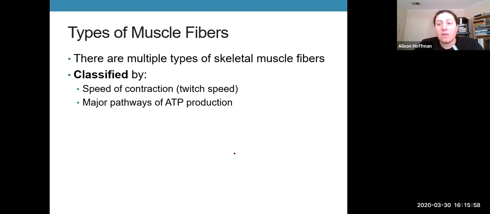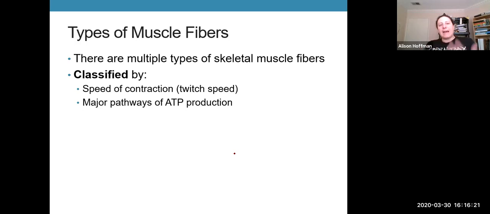Okay, so the last thing we want to look at here, I think it is, we'll find out, is the idea that there's actually different types of muscle fibers. So muscle fibers, even though we've been talking about them all, like, oh, we have skeletal muscle fibers, they're not all the same. They're actually different types, and they're different types for different reasons.